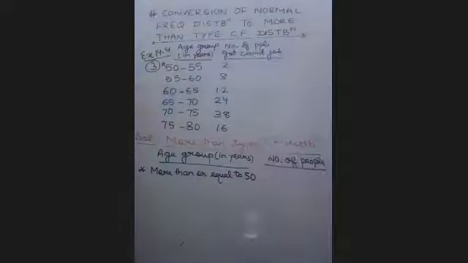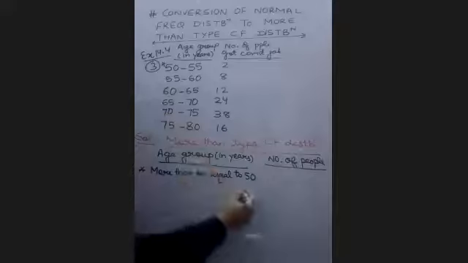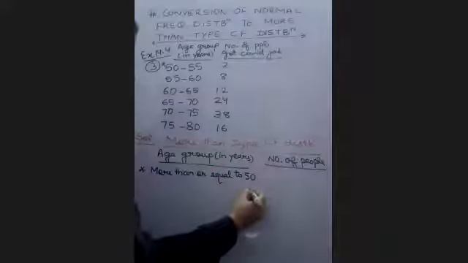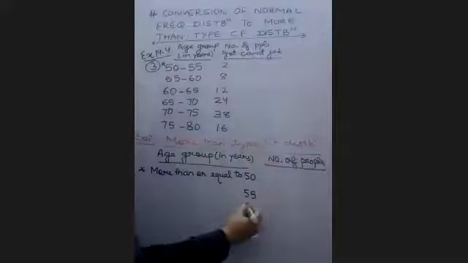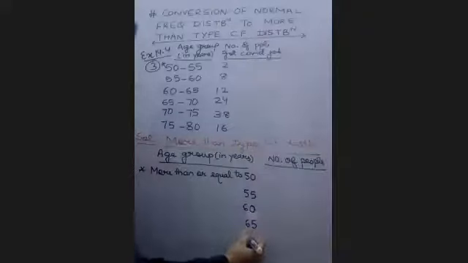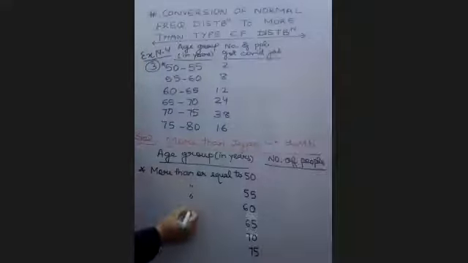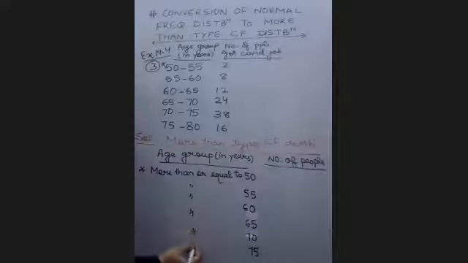What would be there in the next column? More than or equal to 55. Then 60, more than or equal to 65, more than or equal to 70, more than or equal to 75. I'm just writing it so that you know, from here to here, the same statement.